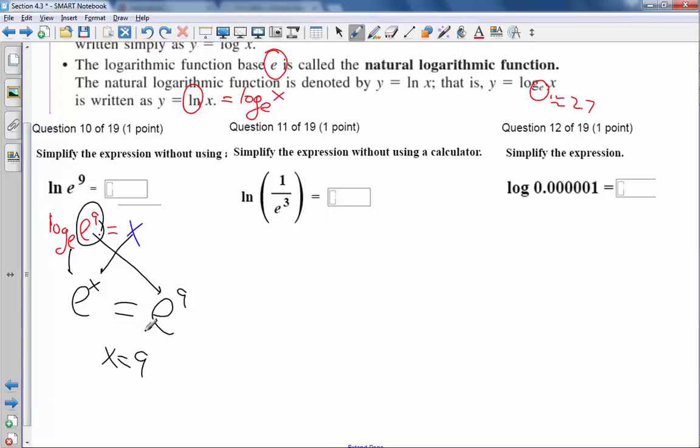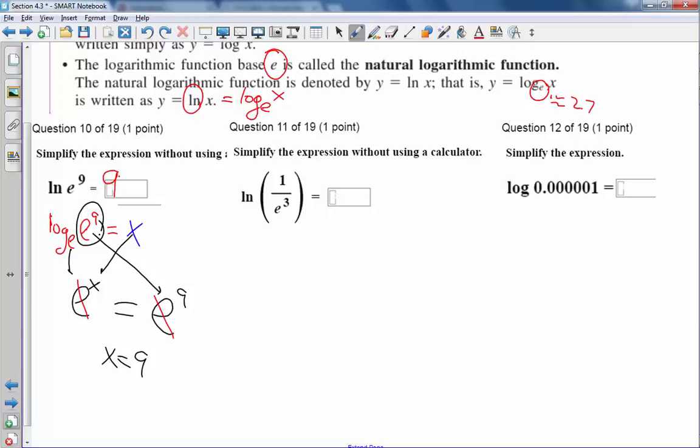Actually, this is a property. If you have 2 exponential expressions with the same base, you can actually wipe them off, and x falls to the ground, 9 falls to the ground, and they become equal. X equals 9. This thing was 9. Make sense?